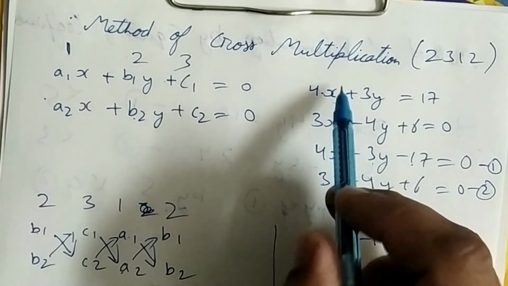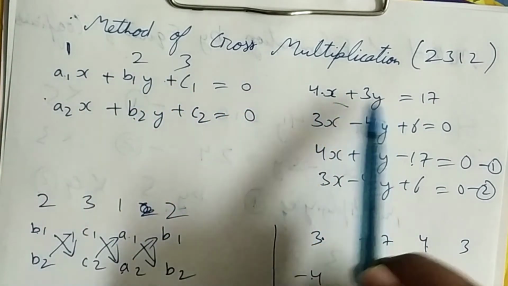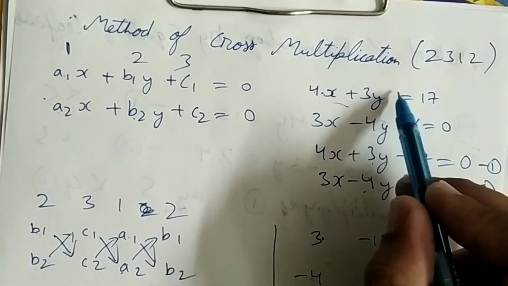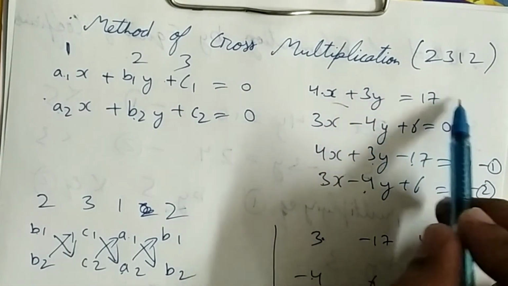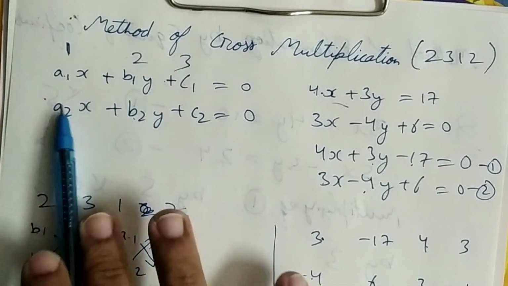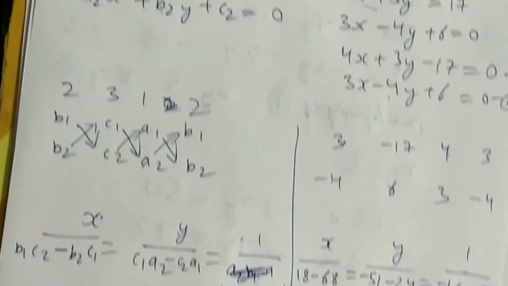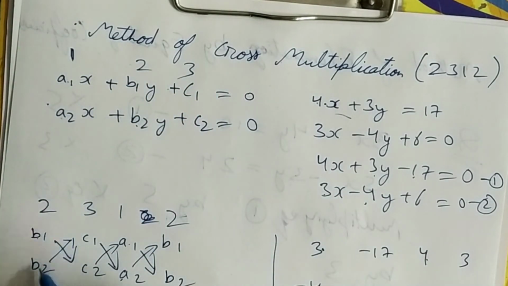So the coefficient of x, a1, is 4, b1 is 3 and c1 is minus 17. So you have to remember that all the terms should be on the left hand side of the equal to, not on the right hand side. No term should be at the right hand side, there must be 0 on the right hand side. So this is how we look. a2 is 3, b2 is minus 4, c2 is 6. Then the 2 3 1 2 method.